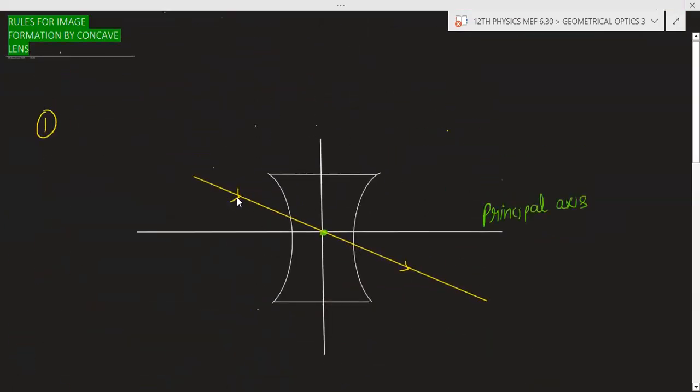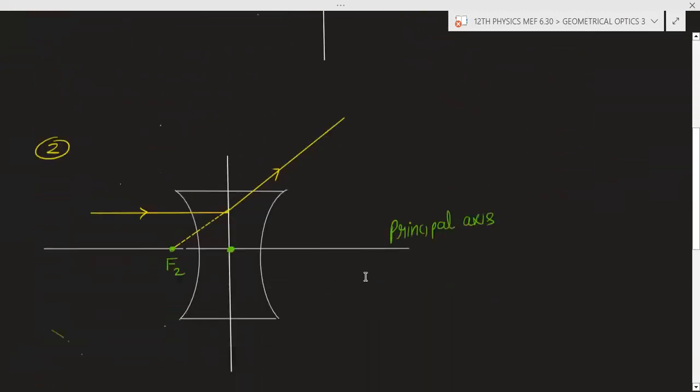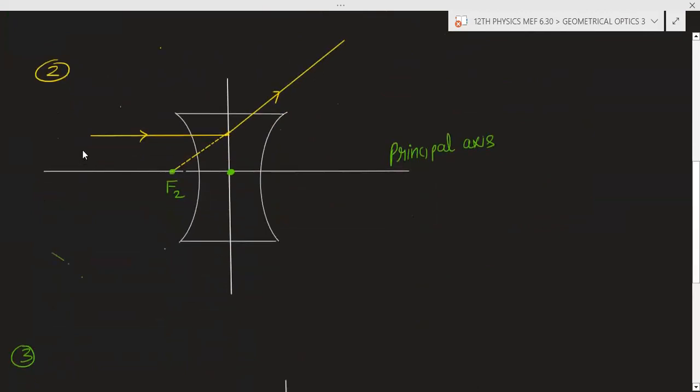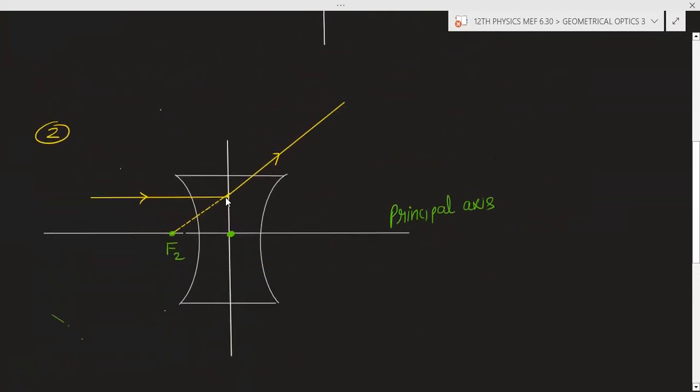So if a ray of light is passing from the optical center of a concave lens, then it will pass straight. If a ray of light is parallel to the principal axis of a concave lens, after passing through the lens, it will diverge, and if you produce that diverged ray in the backward direction, that ray will appear to pass from F2.